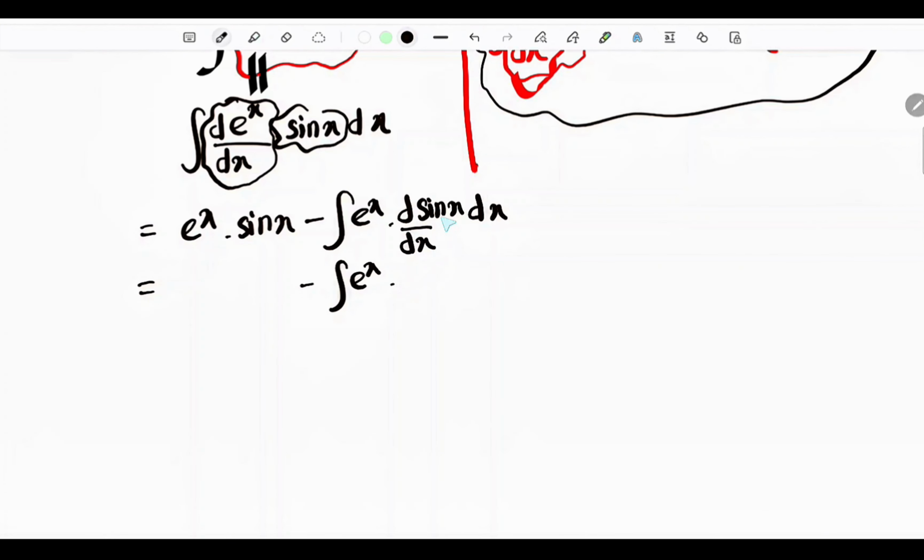So what is the answer of the differentiation of sin x? As we know, that is cos x, and here we write e^x times cos x.